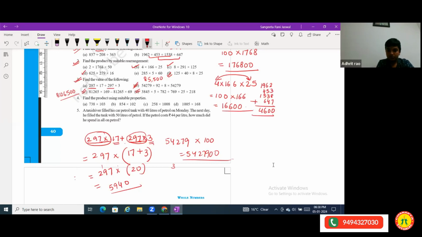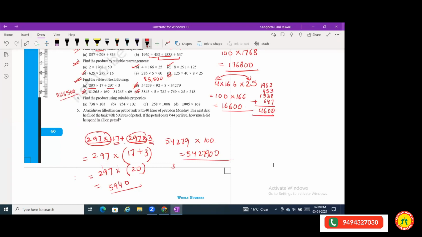Okay, now see here. Let's see in D. This number is there, 5 is there. Here 782, then 769 and this. So in this case, what do you do? Just analyze the numbers first. You can write here 25 can be written as 5 into 5.